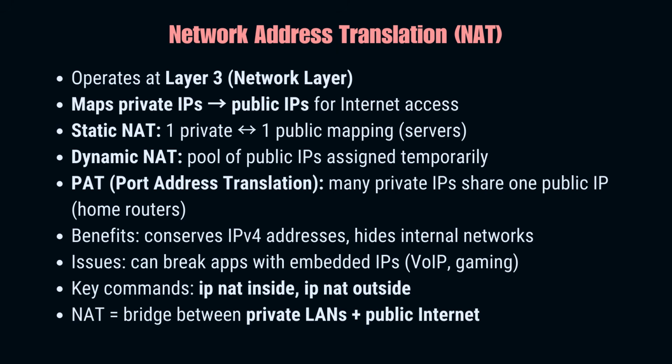Dynamic NAT uses pools of public addresses assigned temporarily to private hosts, providing better address utilization. Port address translation, PAT, or NAT overload, maps multiple private addresses to single public addresses using different port numbers, maximizing public address efficiency and enabling home and small office internet access.